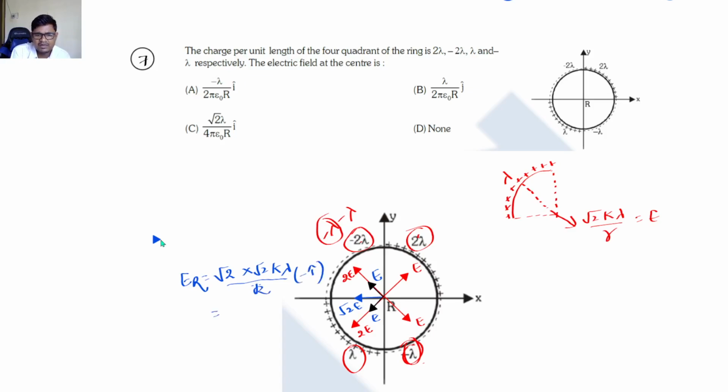So this will become 2k, I will write 1 upon 4 pi epsilon naught, and this is r here, and this is lambda with minus i cap. So the answer is basically lambda by 2 pi epsilon naught r, minus i cap. So the correct option will be option A.